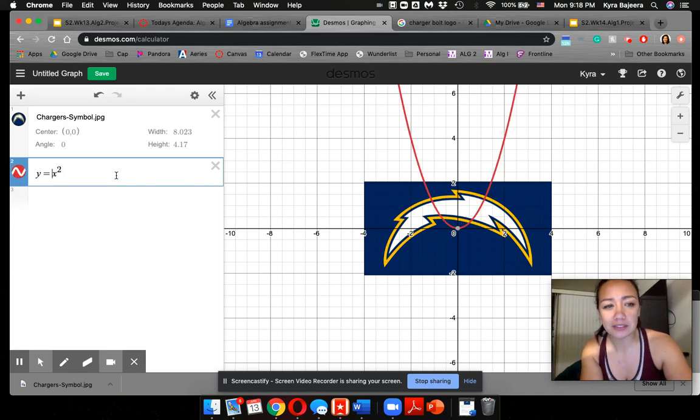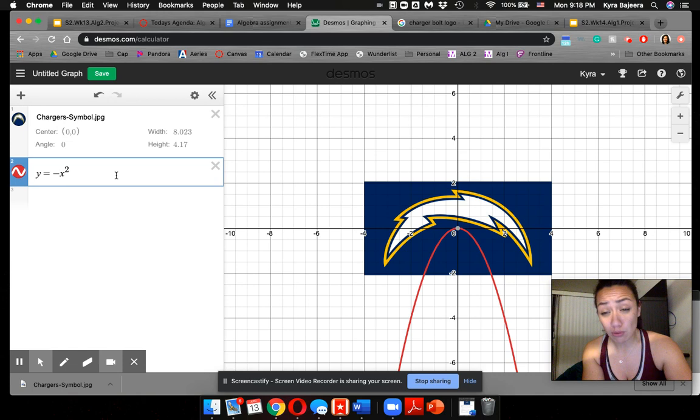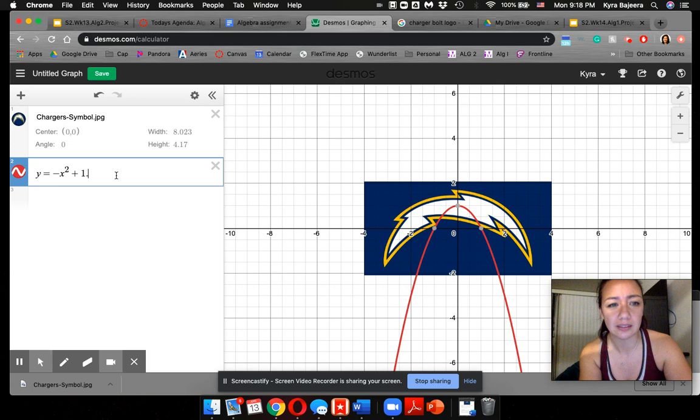But that's a parabola facing up, so I want to make sure it's facing down. Okay, facing down. And so far my vertex is too low, so I need to move it up. Me and Mario talked about it. Maybe the vertex is 1.5? Oh, that looks too high. 3? No. 2? No. Maybe just 1?